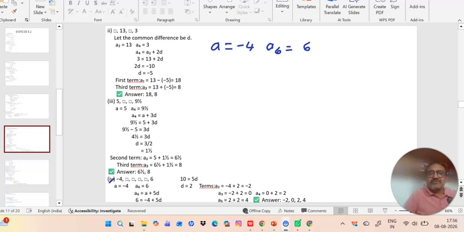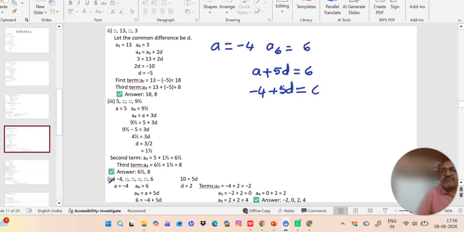So you know a6 means you can write a6 is equal to a plus 5d. a plus 5d is equal to 6, where a is equal to minus 4, plus 5d is equal to 6.